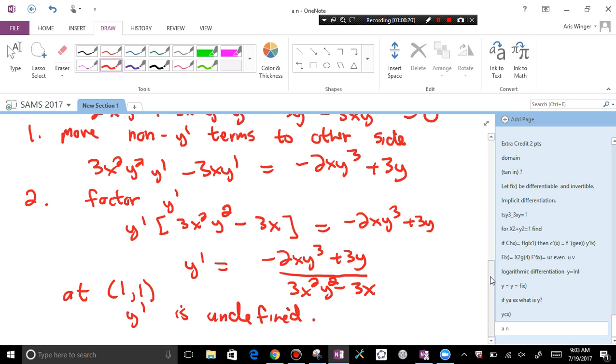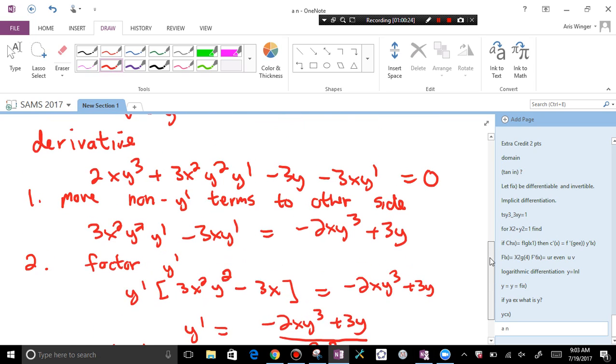Plugging in 1 into the numerator and denominator, you get 3 minus 3 on the denominator.